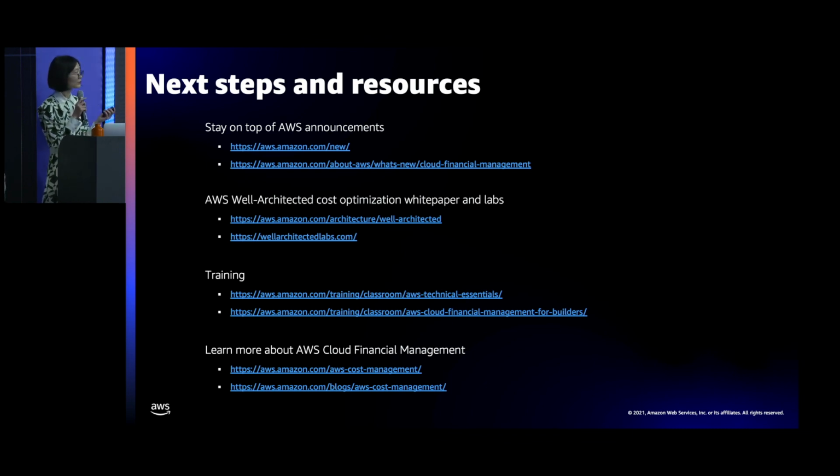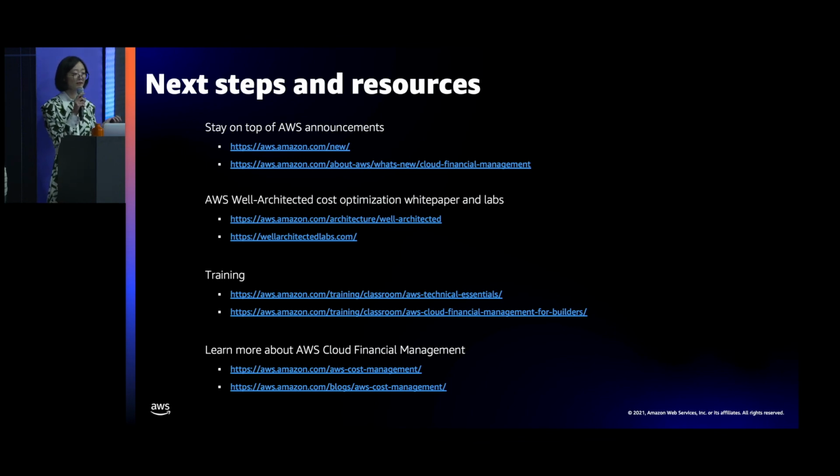The other thing we really recommend is to have a look at the AWS Well-Architected whitepaper. In the whitepaper, there is a pillar called Cost Optimization, and it has very detailed explanations of all the strategies and tools that we have covered today in greater detail.